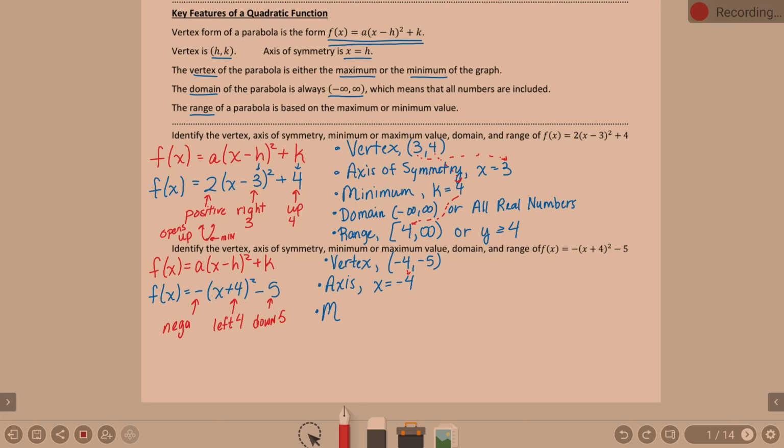When it is negative, what's that tell my parabola? My parabola will open down. Okay? So because there's a negative, my parabola will open down.